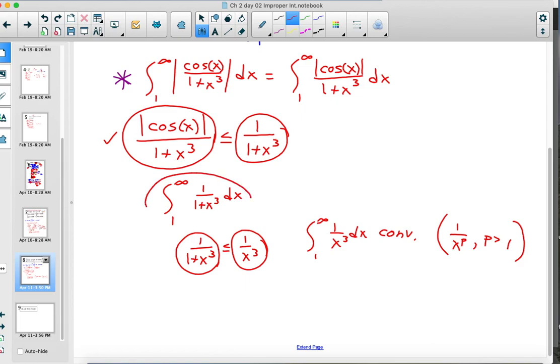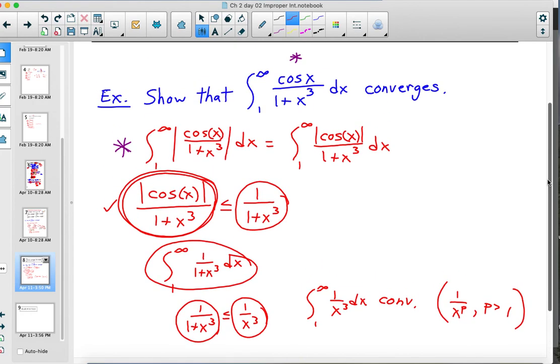And so if this one converges, then so does the cosine over 1 plus x cubed converge. And therefore, the original from 1 to infinity of cosine of x over 1 plus x cubed will also converge. I'm not going to spend time writing out a few sentences, but that's the main idea behind that.